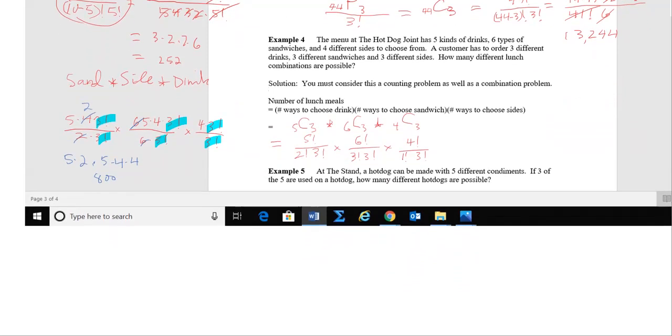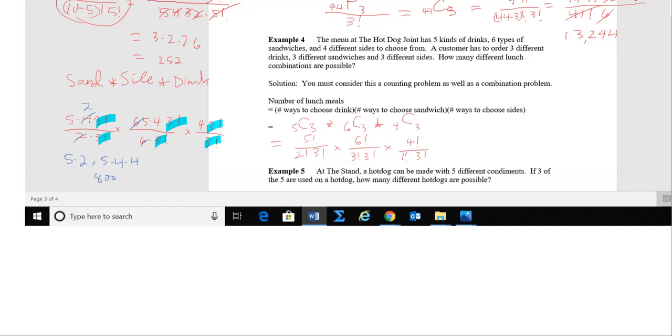Okay, you got the hot dog stand now, and he's making a hot dog. He has 5 different condiments, and he's going to use 3 of the 5 on a hot dog. How many different hot dogs can he make? Well, you can see how that's a combination, because it doesn't matter how you put together the hot dog, as long as you're using the same condiments.